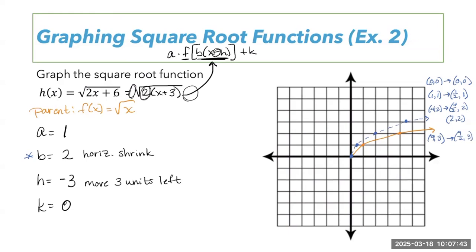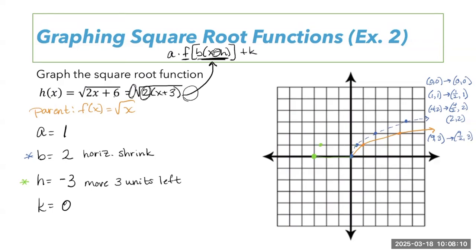Now we're going to take each of those points on the blue graph and we are going to move them 3 units to the left. So 0, 0, 3 units to the left puts me right here at negative 3, 0. I now have 1/2, 1. If I go 3 units to the left, I'm at negative 2.5, 1.